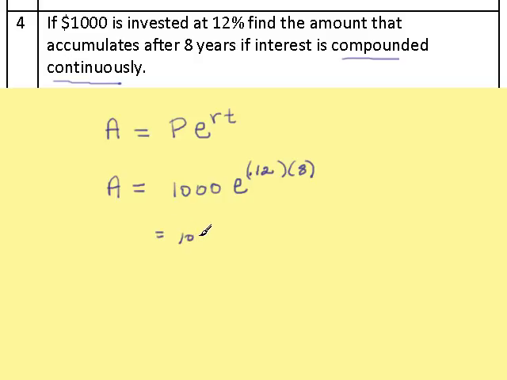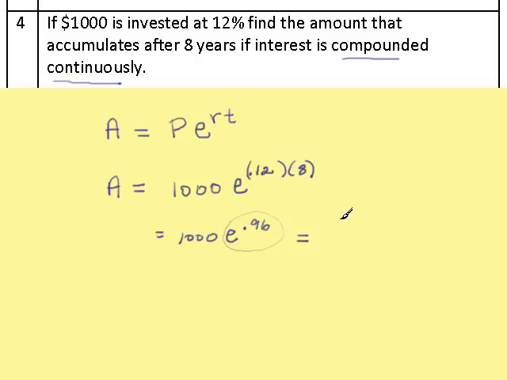So we're going to figure out, using our calculator, e to the 0.96. 0.96, that's 8 times 0.12. Okay, so we get this value from our calculator. It's usually the function that's above the ln function on most calculators. All right, so let's do that.